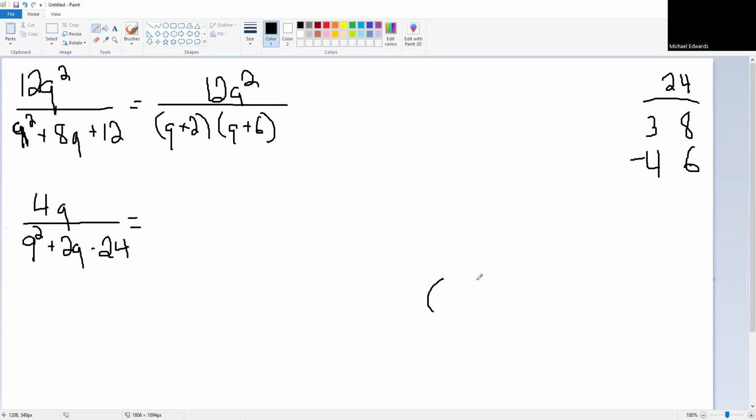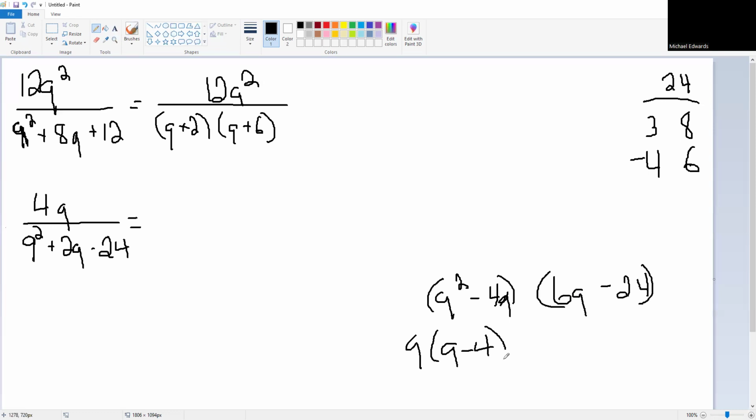So let's write it down. We have our q squared, and this is a negative 24. And then we write down our negative 4q and our 6q. Pull out like terms. This one's just a q, and this will be a q minus 4. And then pull out like terms.